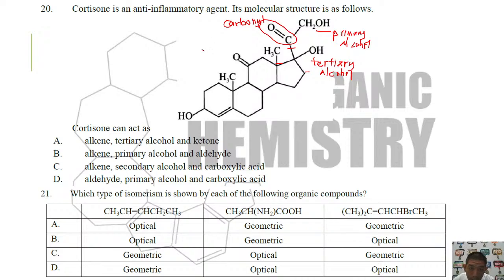Again, this one is also a carbonyl, more specifically a ketone. Then this one is an alkene. And this one, because it's surrounded by 2 carbons, this is a secondary alcohol.